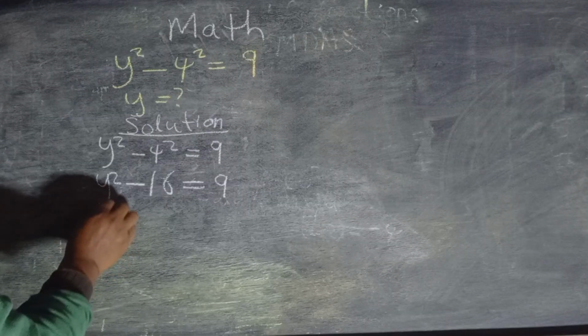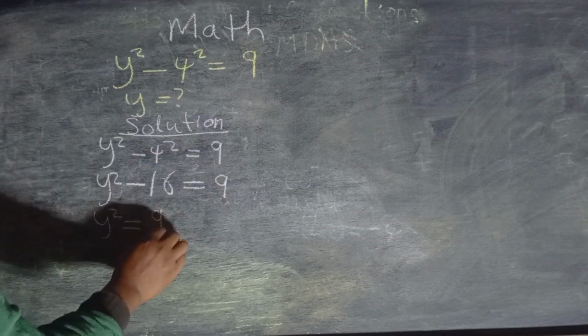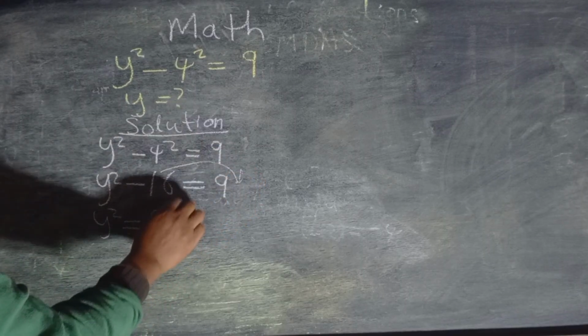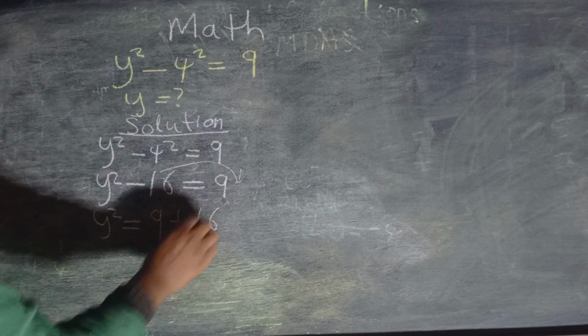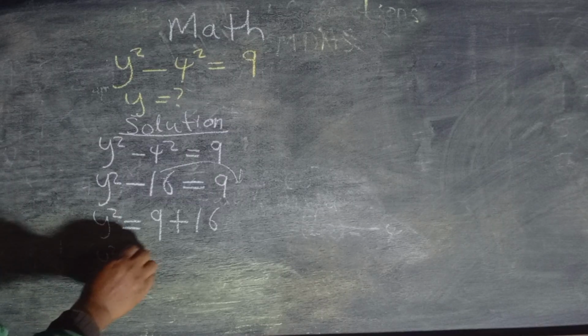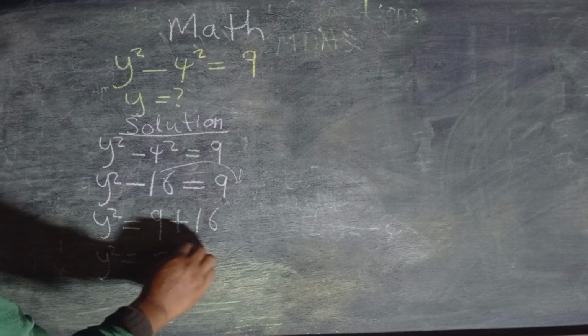So y² will be equals 9. If this one crosses the equal sign, it becomes positive. 9 plus 16. Okay, so y² is equals 9 plus 16 is 25.